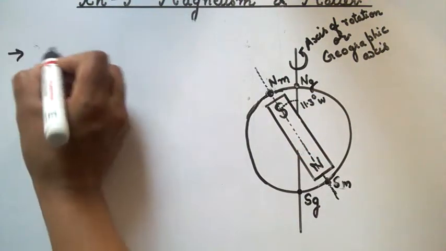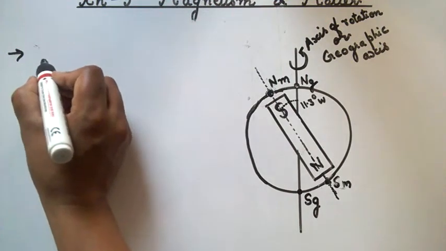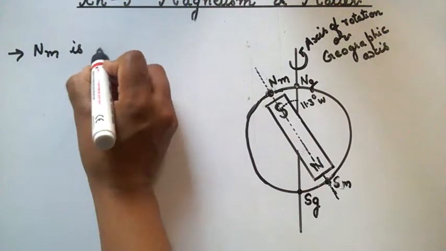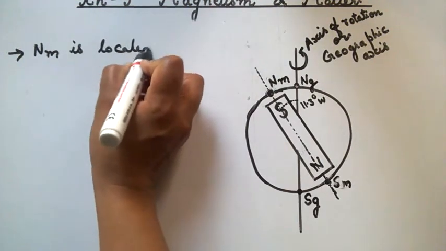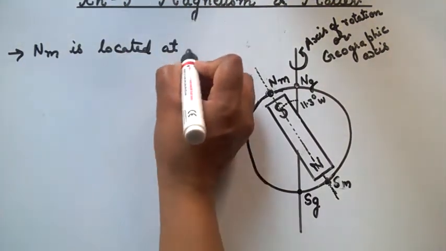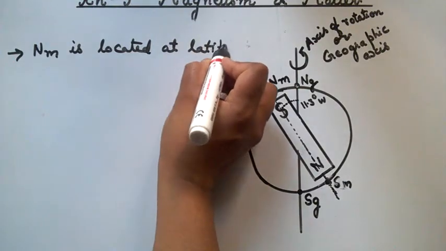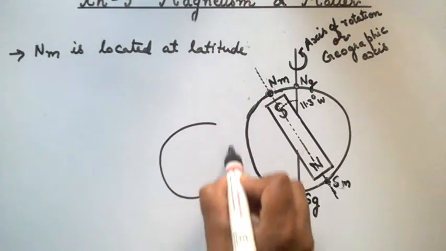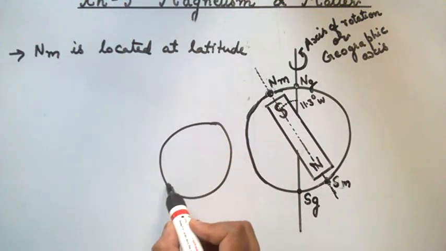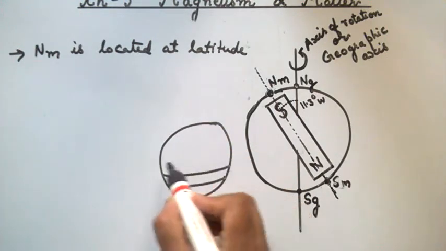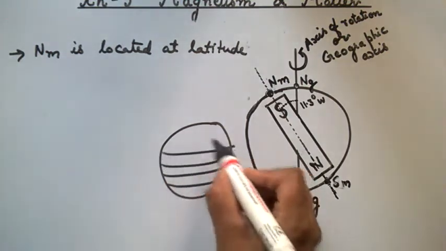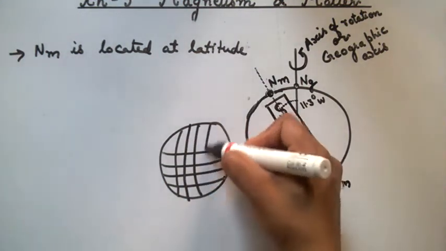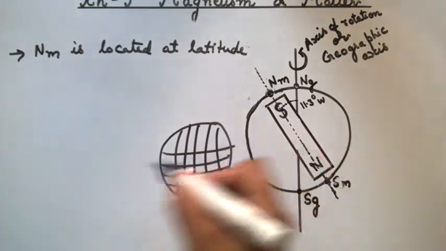Now, north magnetic pole is located at latitude of... the latitudes are the horizontal lines and longitudes are vertical lines on the earth.